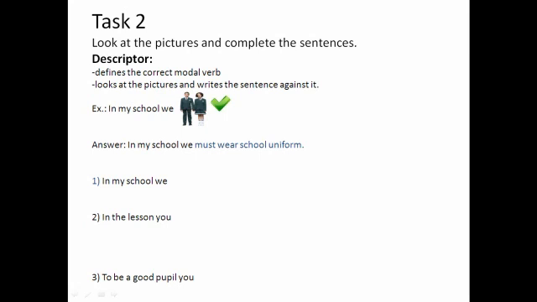And now the tasks. The first sentence, in my school we, and look please at this picture. What does it mean? How to complete this sentence? Sentence number 2. In the lesson you, look at this picture.